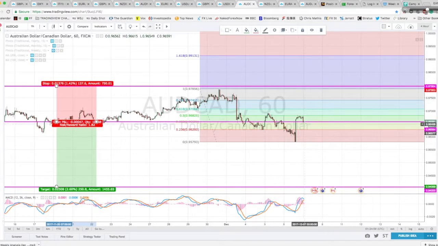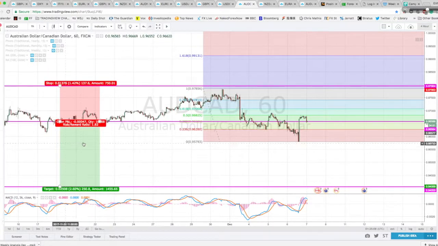I'm happy to get in because we did retrace 50% here, but I think that's it. I think this trade is going to reverse to the downside because, as I mentioned, today's selloff of the Canadian dollar is just short-term momentum. The underlying fundamental strength for the Canadian dollar hasn't changed yet. Okay, so nothing has changed.